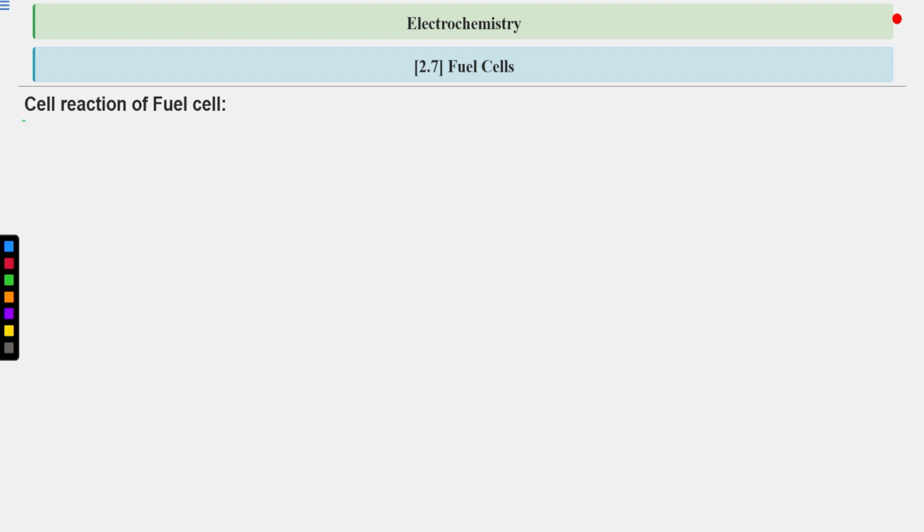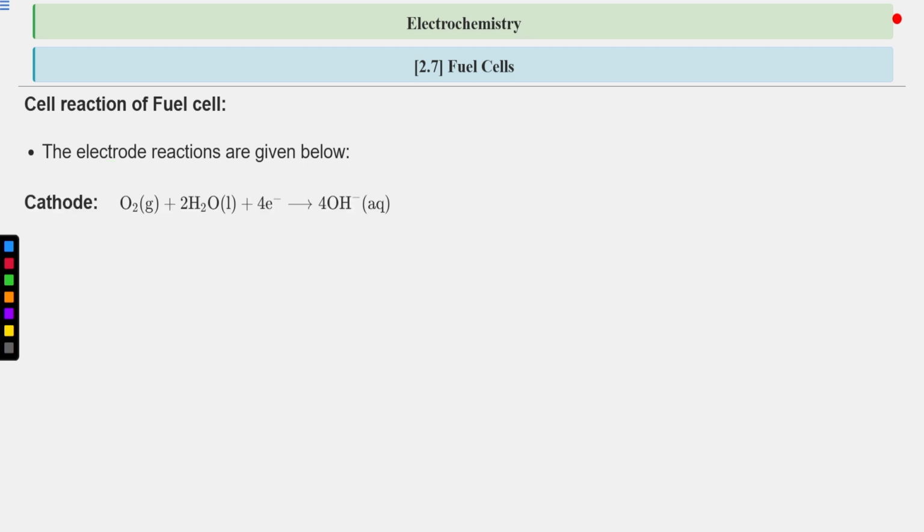Now let's see the cell reaction of the fuel cell. What is the reaction actually going on in the fuel cell? The electrode reactions are given below. Electrode reaction means whatever reaction is going on at the particular electrodes. On the cathode, oxygen reacts with two molecules of water and gains 4 electrons to produce 4 hydroxyl ions, 4 OH negative, in the aqueous medium.